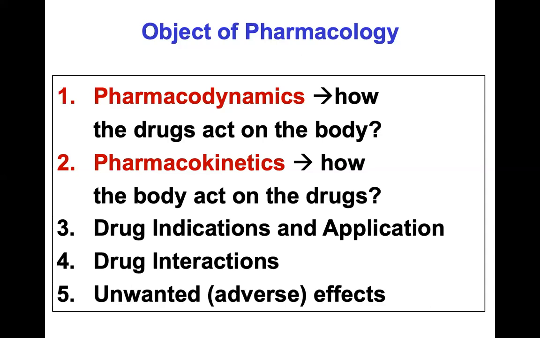Two drugs can increase each other's effect, or two drugs can inhibit each other's effect. You should know this because when you are prescribing, the patient may not be taking a single drug, but multiple drugs, or there can be interaction of the drug with food.